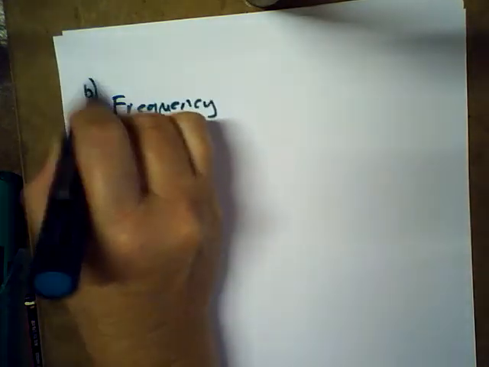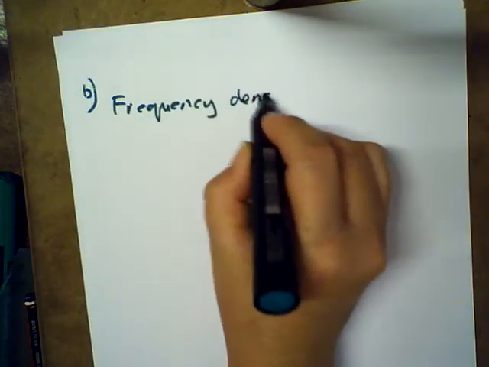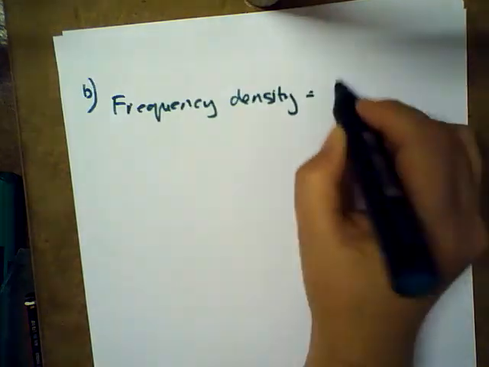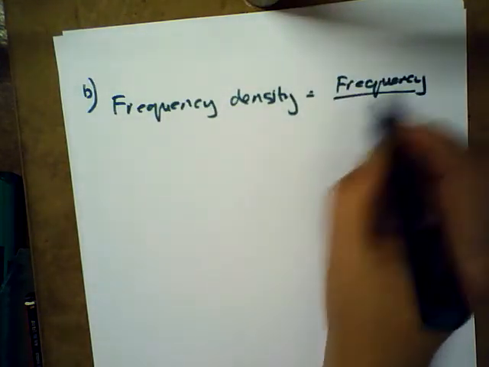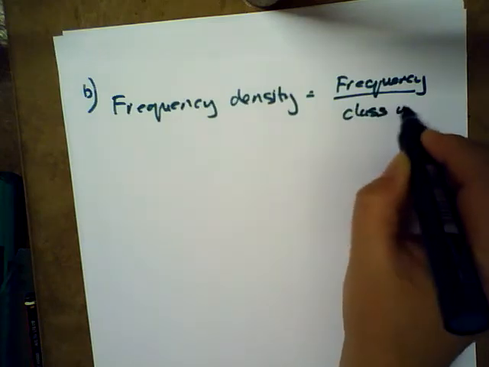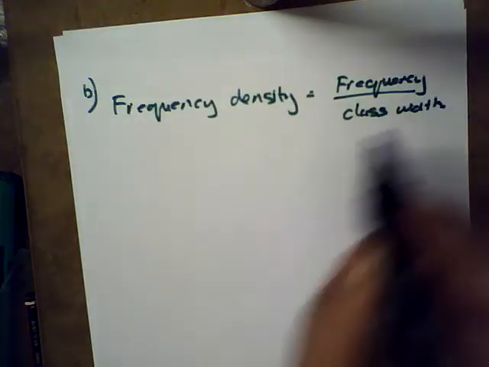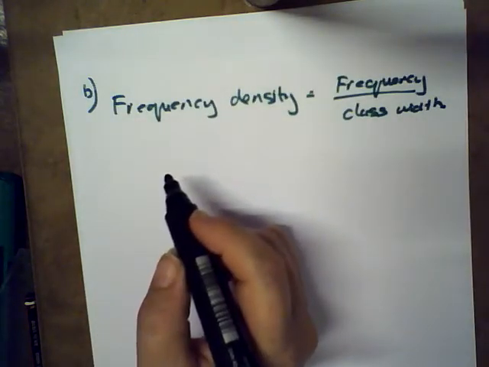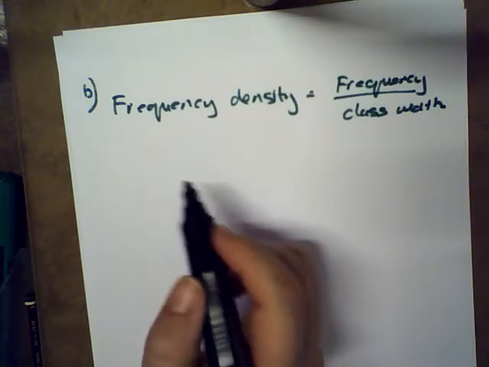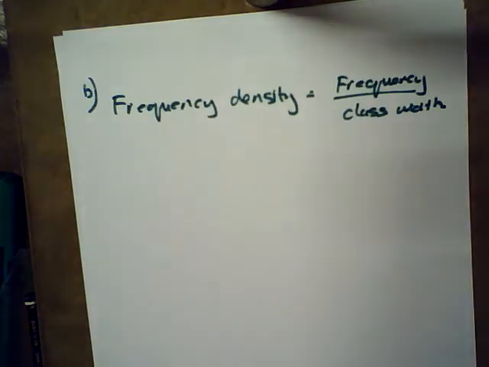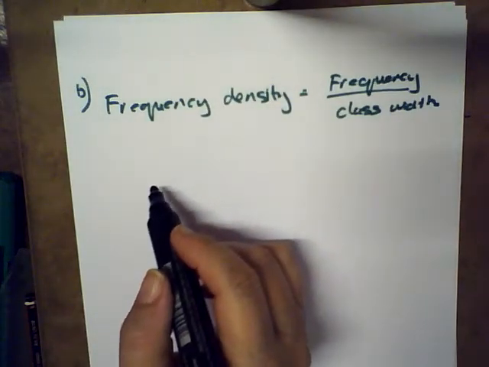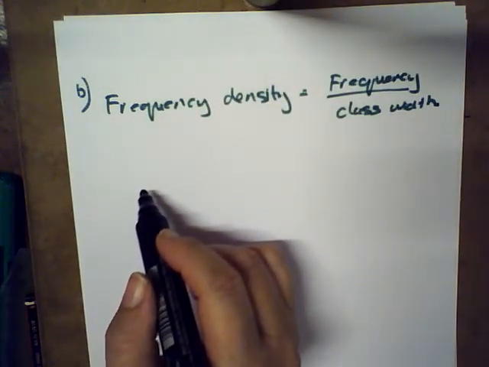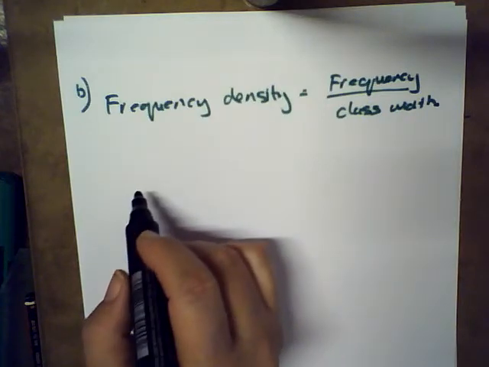Frequency density is frequency over my class width. I've got to be a little bit careful here, because there's probably some arbitrary value, K, that we have to multiply it with. So let's just check it.